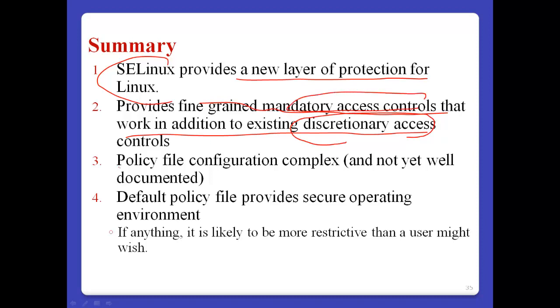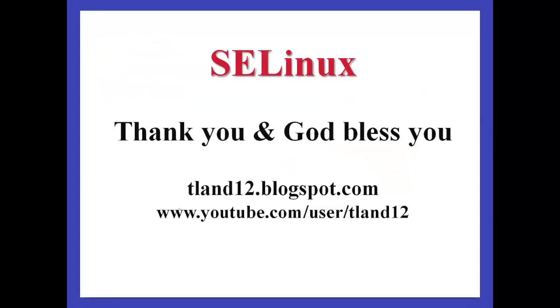And SELinux policy file configuration is a little bit complex. Now this policy file is just a database file, not a plain text file, so we cannot change this kind of policy manually. And the default policy file provides a secure operating environment.